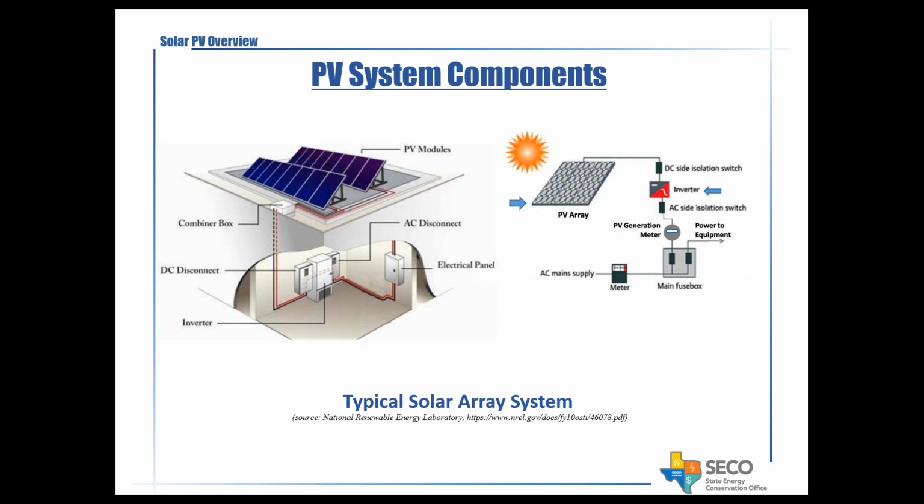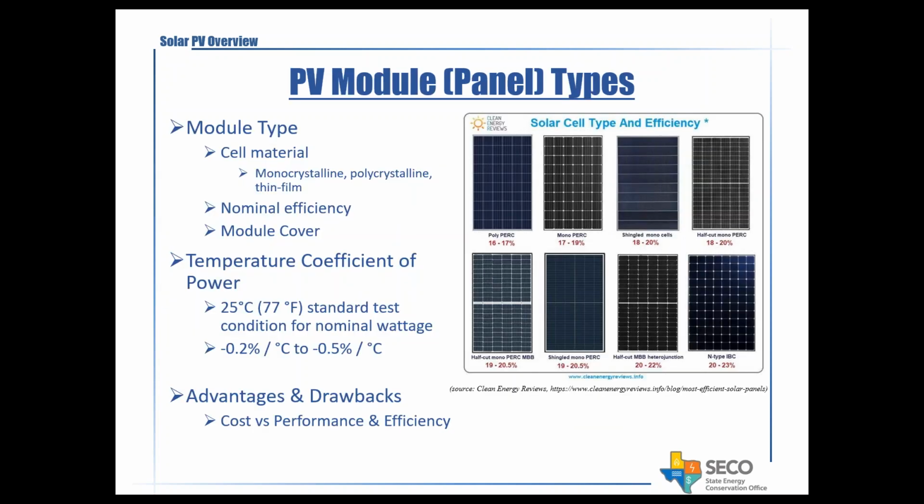Then you have PV generation on the other side of the meter, and some sort of interface is required, which is what this one line diagram is indicating. So that's a very broad picture of a typical PV system. From here onward, I'm going to have Joey go over the different PV modules that are currently out there. Thank you.